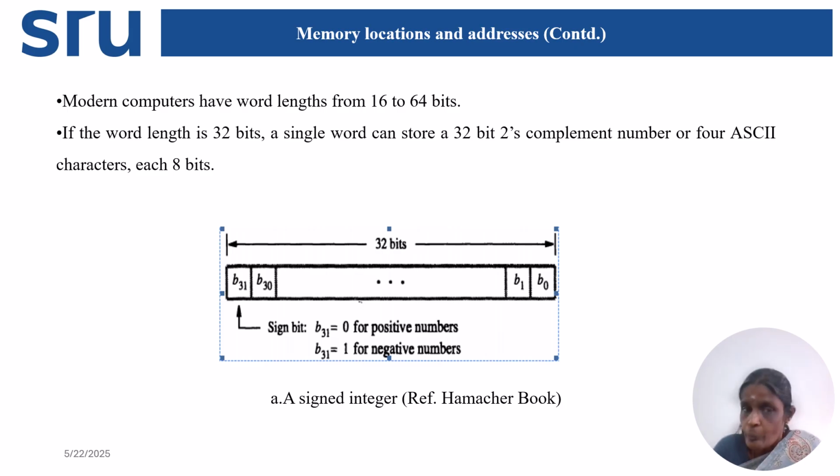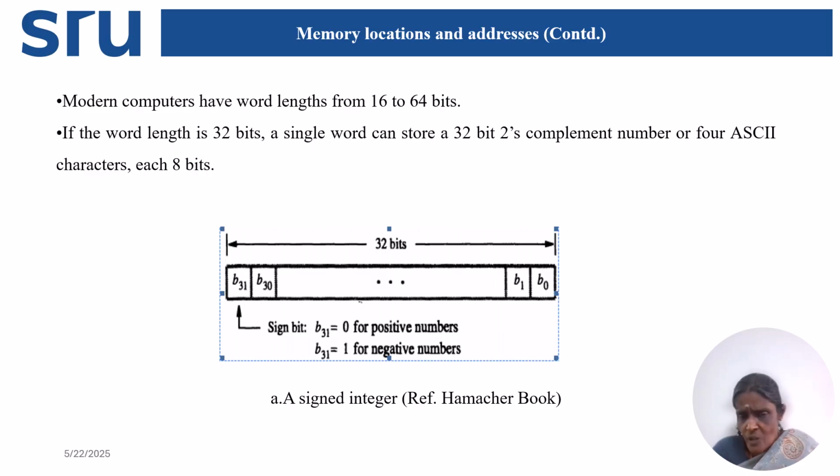If we have alphabetic letters, A to Z, those will be converted into ASCII characters, each having 8 bits, and the storage manner is explained in this diagram. Here it is a 32-bit word.